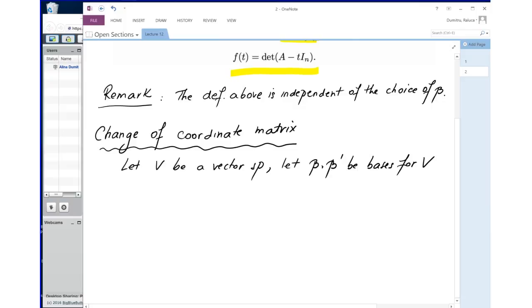The change of coordinate matrix, usually called Q, is defined to be the matrix of the identity transformation on V. The identity transformation is the one that maps x to itself for any vector x, so identity of x is x. So it's the matrix of the identity transformation from beta prime to beta.